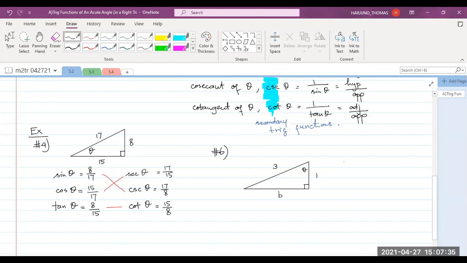So by the Pythagorean theorem, 1 squared plus B squared equals C squared. So B squared equals 9 minus 1, which is 8. So B should be plus or minus, but B is a length here, so I will just use the positive branch, square root of 8, which is 2 radical 2. Now then, what is sine theta?